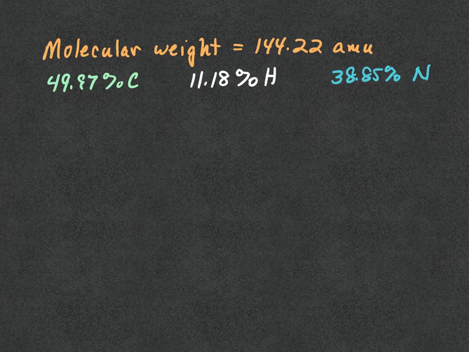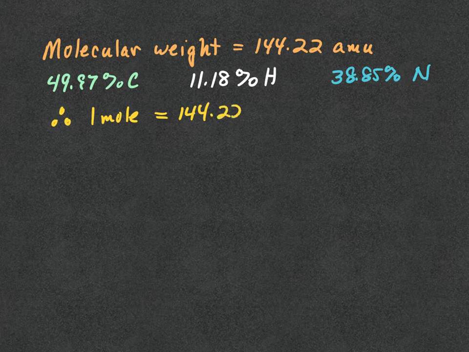We bring forward our important information, right? Our molecular weight and our percentages of each element in the compound. So, one of the things we have to remember, if we know the molecular weight, we also know that therefore, 1 mole of the compound is 144.22 grams of the compound.